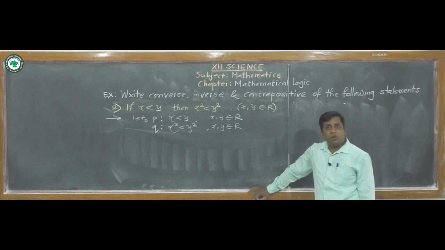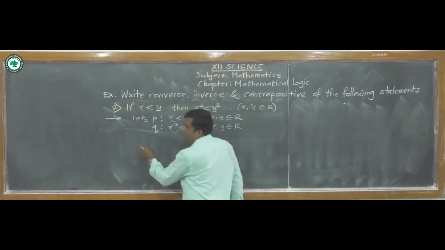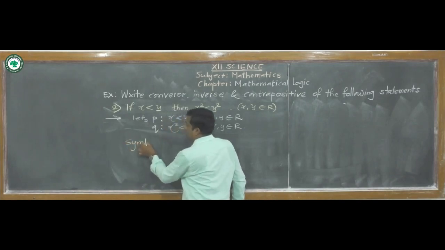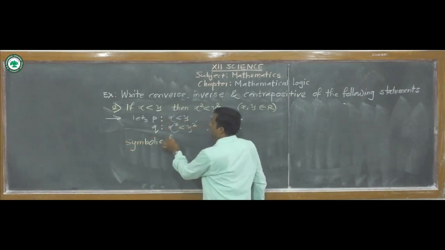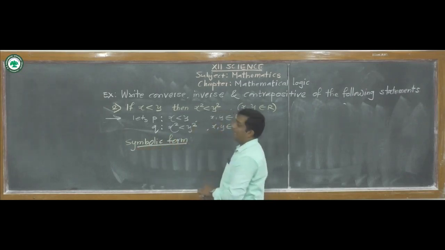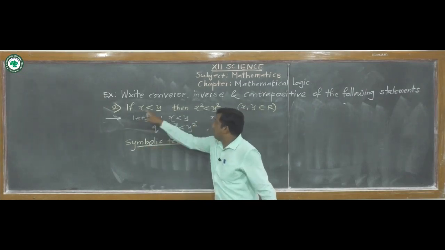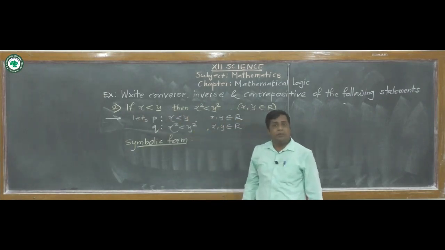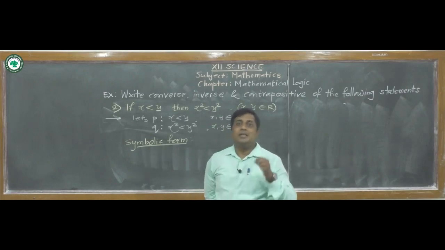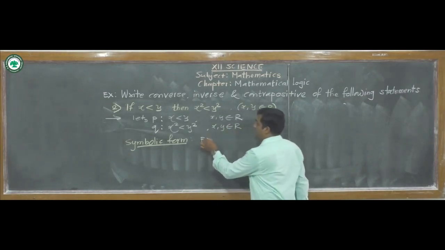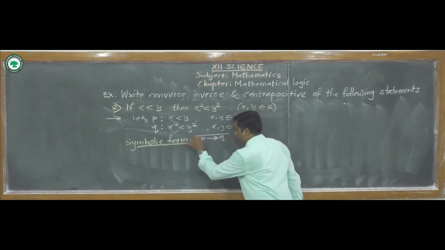So I write the symbolic form here. The symbolic form for the given statement is if P then Q. If-then means implication, so this is in the form P implies Q.